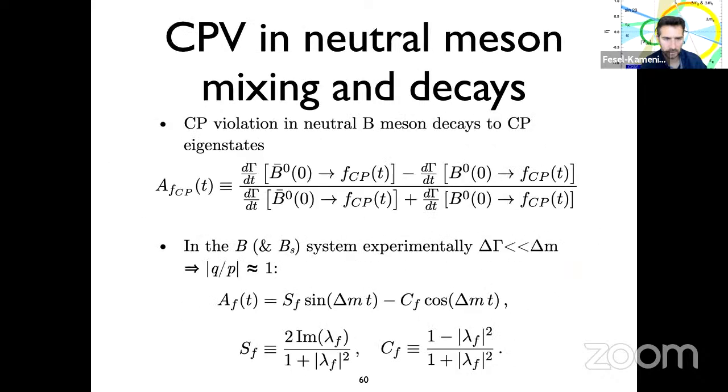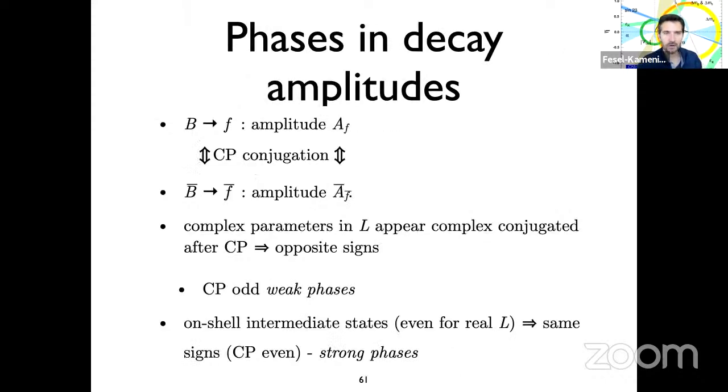Okay, so we've just derived these expressions for the B_d system. And now, when we discuss the decay amplitudes of B to f transitions, of course B to f and B bar to f bar are related by CP conjugation.